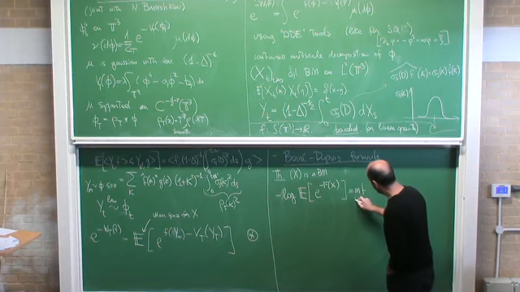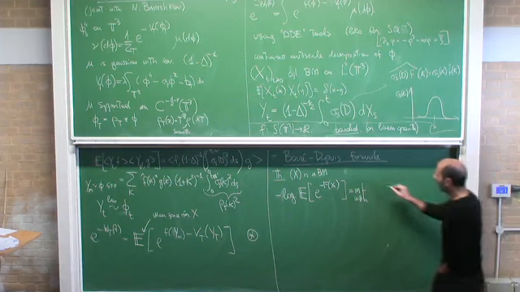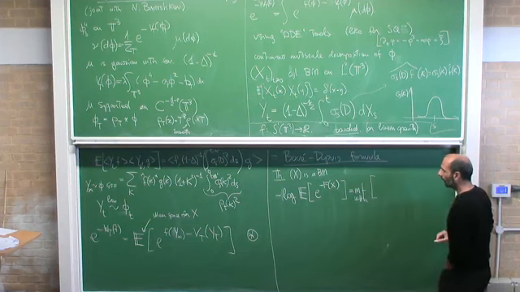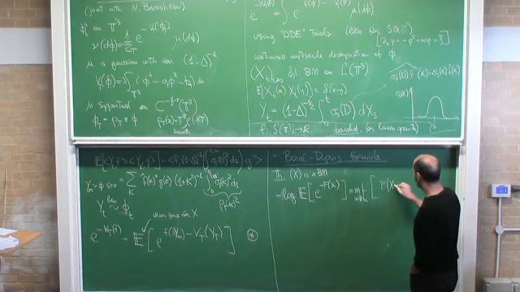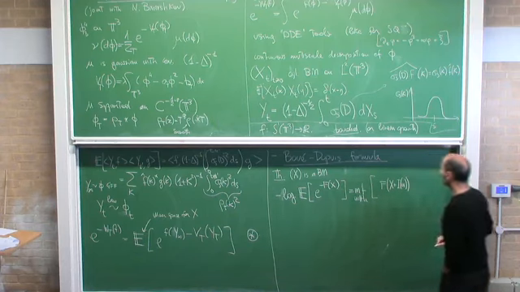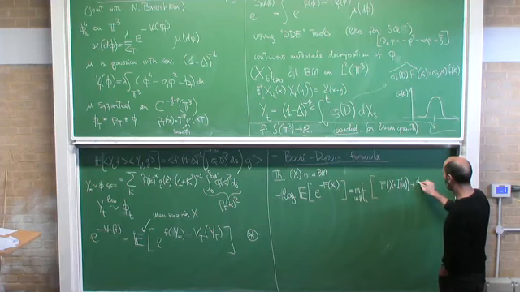So this is the infimum over controls of f of X plus one half the norm of u.